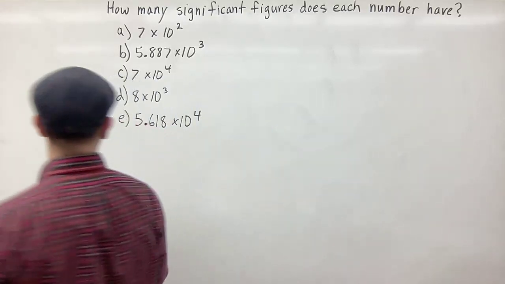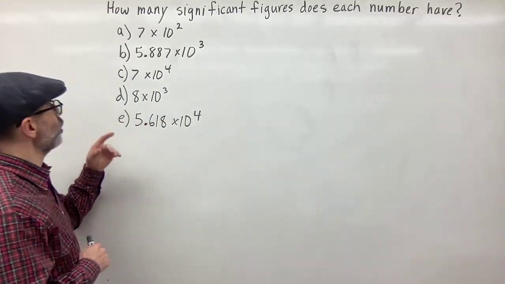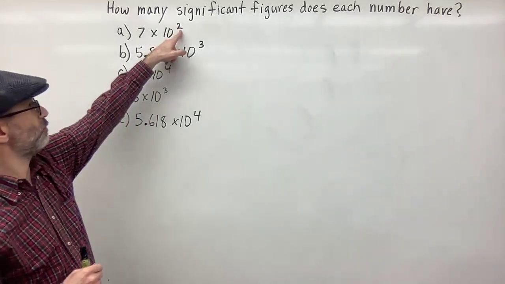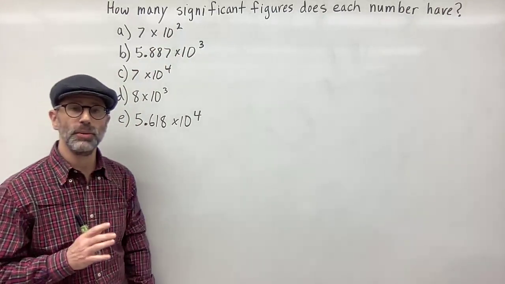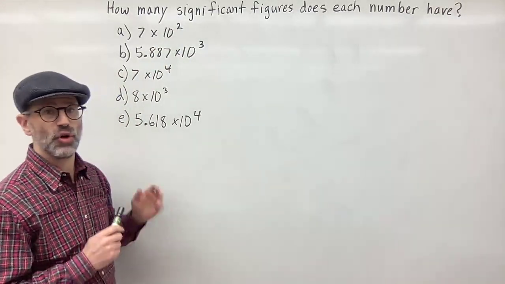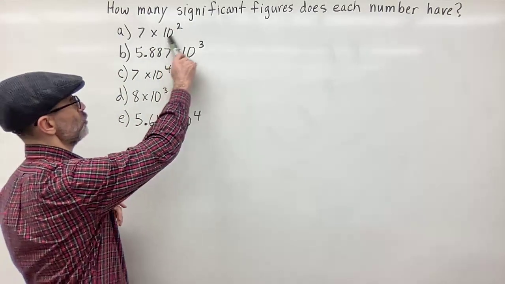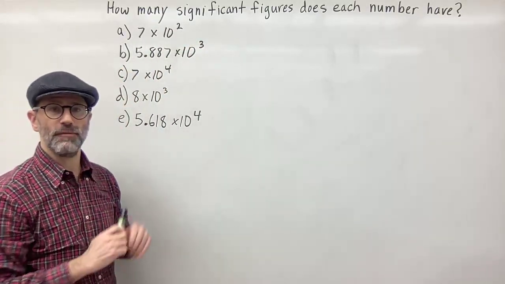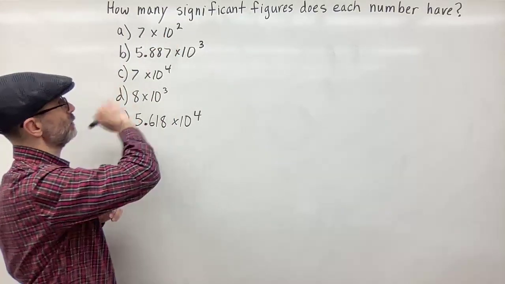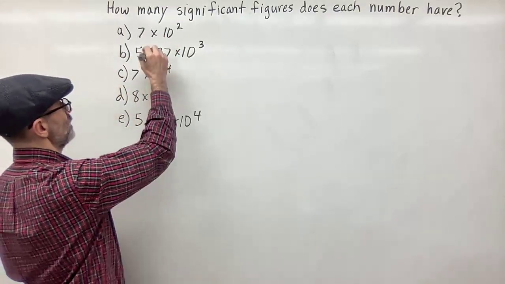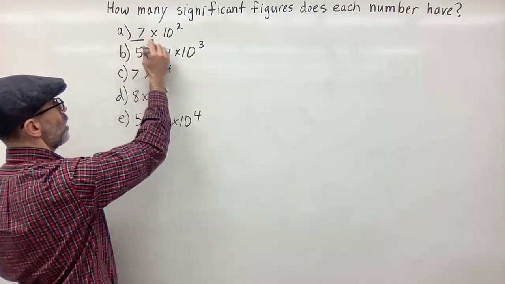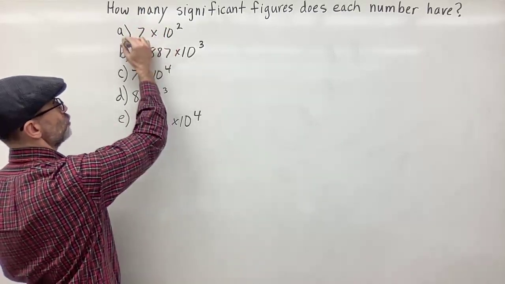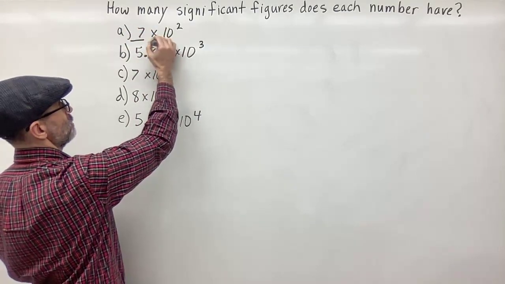So here we have 5 examples. Here I have 7 times 10 to the power of 2. When you're determining the number of significant figures, you're ignoring the 10 to the exponent part, and you're just looking at the first part of the scientific notation, to the left of the times sign.